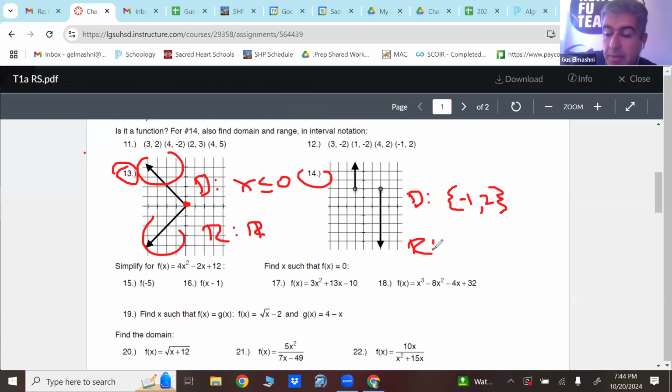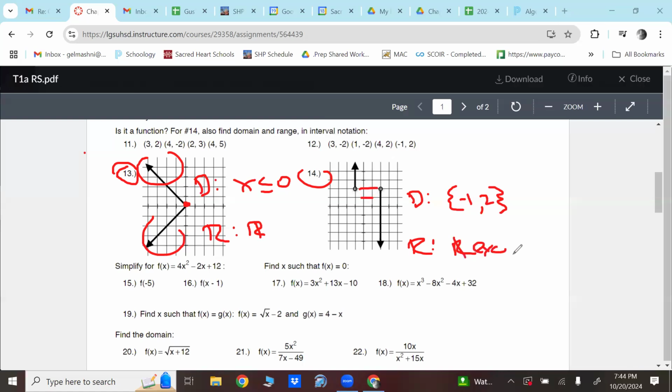How about the range? All real numbers. But what y value skipped over? All real numbers besides 2. Exactly. Good. And then for 11 and 12, just state the x values and y values you see.